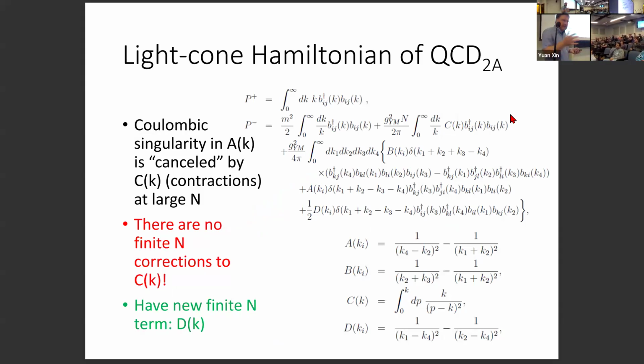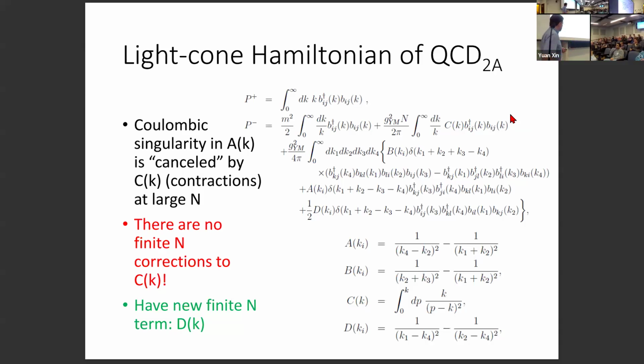And so, issues that could arise with these choices, we basically map out at this point. And the Hamiltonian here has basically 4 terms, and the big realization that was already made way back when in the 90s by Pinsky and Minuccio is that the contractions that partially cancel the singularity do not actually have any finite N corrections.